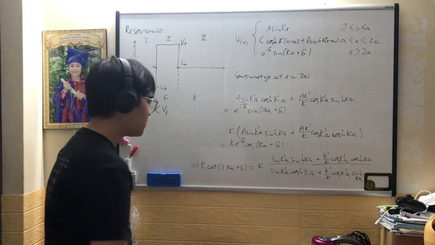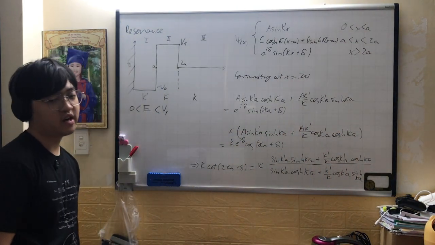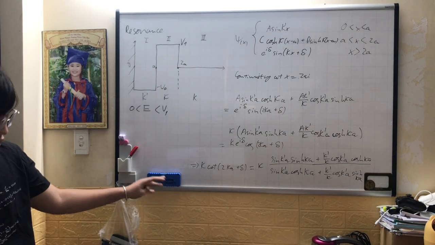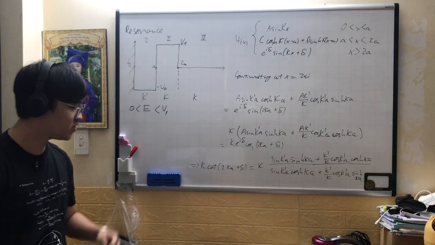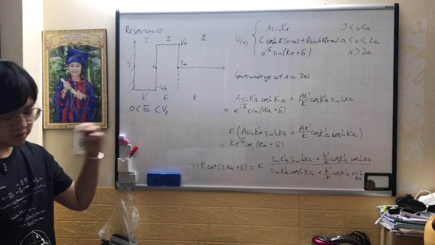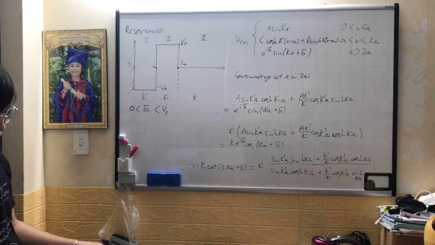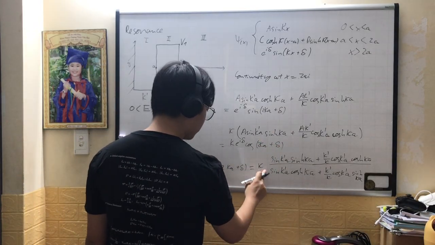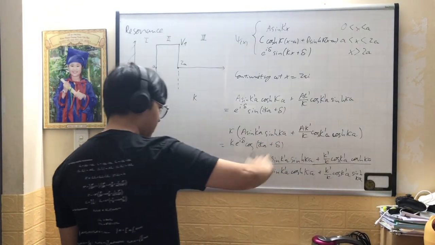Right? So you have this, and we want to work with the tangent here instead of cotangent. So what we would do is we flip this entire thing, we bring this guy over here and flip the entire thing.